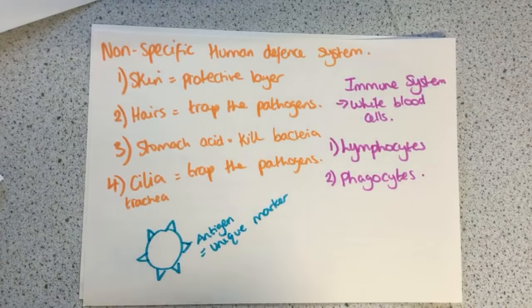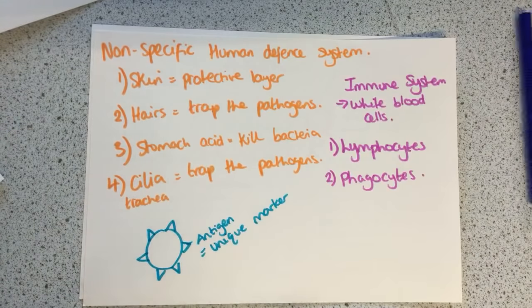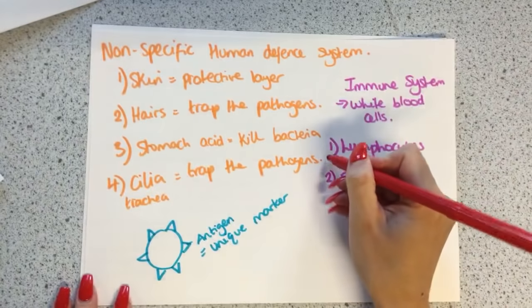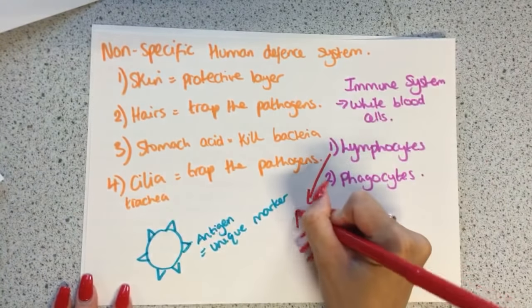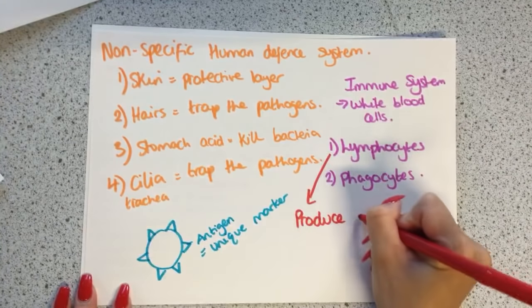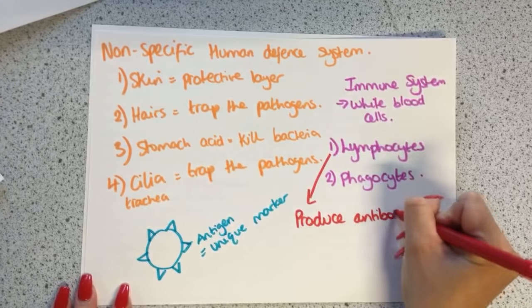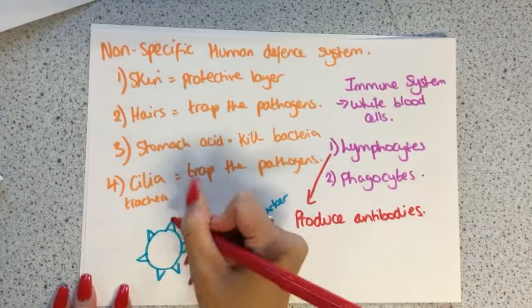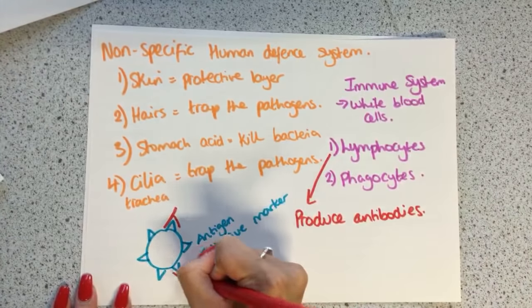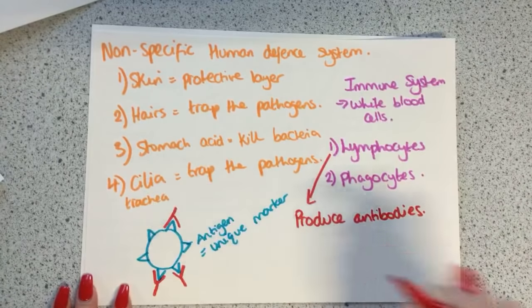So if a cell that's foreign gets into your body, then your white blood cells will recognise that the antigens are foreign and that it needs to get rid of that cell. Okay, so this is when, firstly, your lymphocytes will start to produce antibodies. And the antibodies are the complementary shape to the antigen so that they can bind.